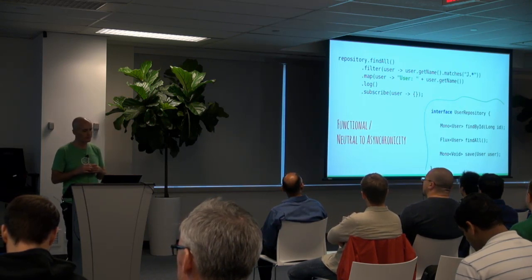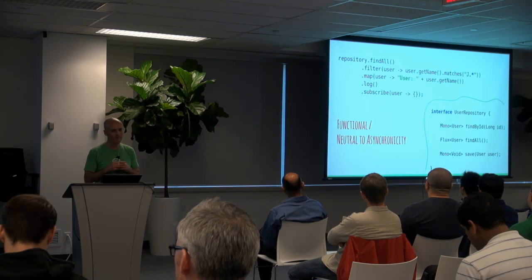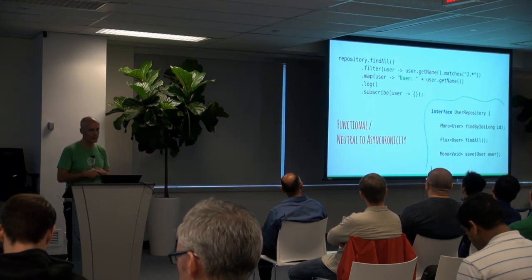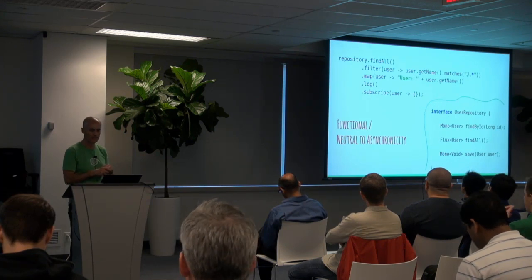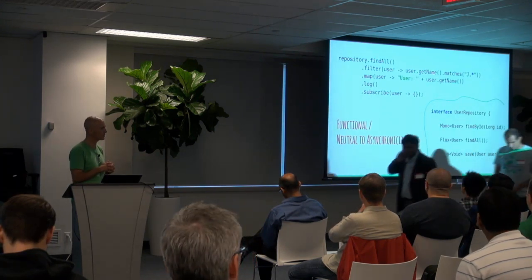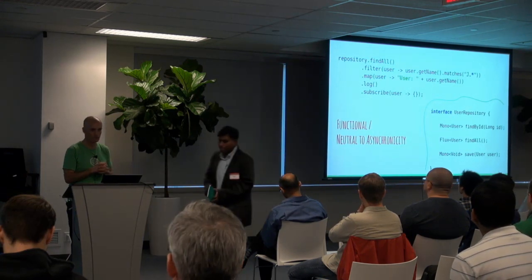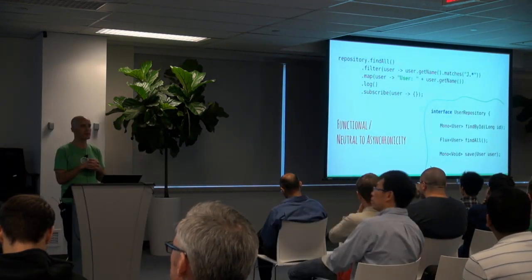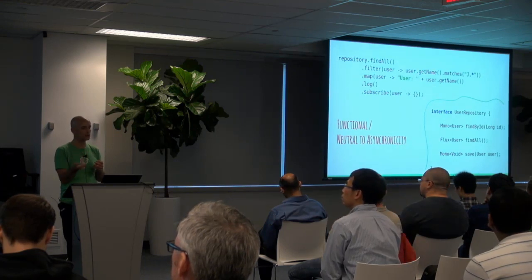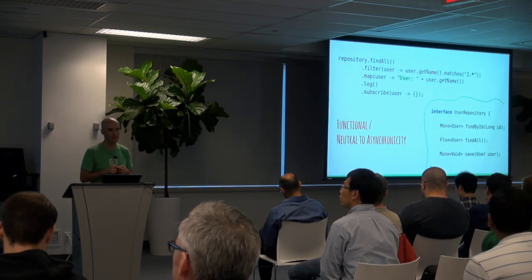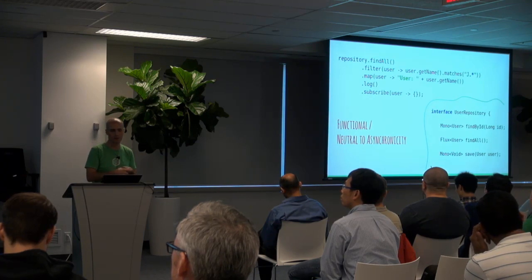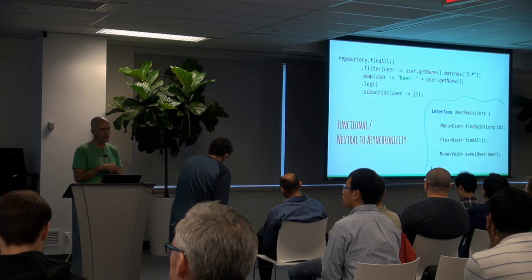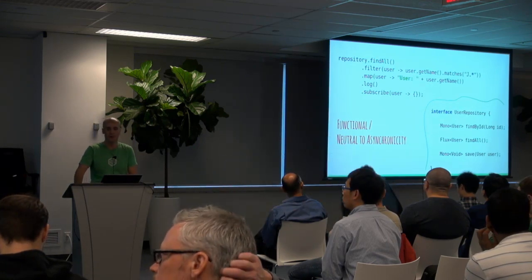With reactive programming, you're using something that looks more like this, where your repository, and I'll talk about this as an example using Reactor. The Reactor library is similar to RxJava. But you basically get the results back from the repository, and then you declare what to do after that. In this case, we're filtering which users, then we're mapping the user, and logging, and there are other operators that we can apply.